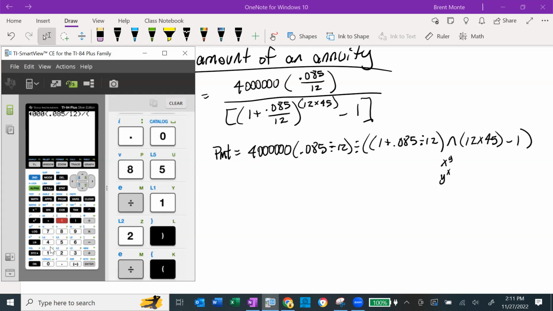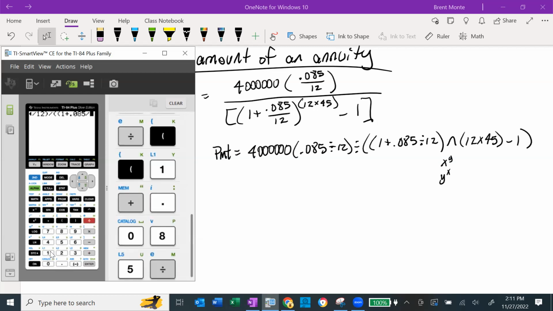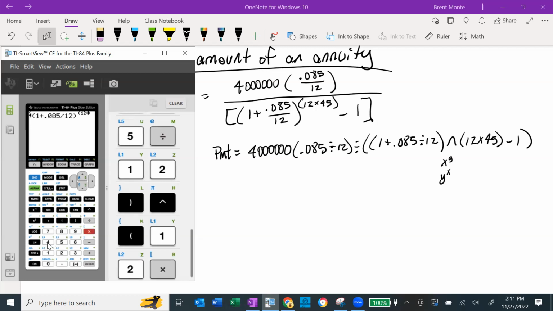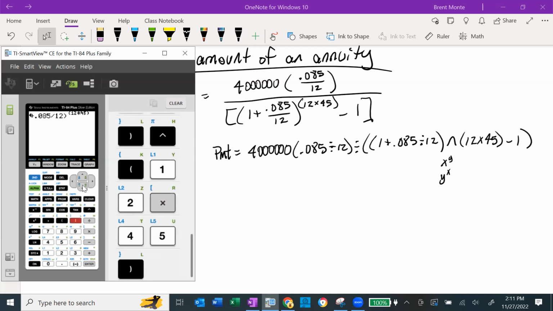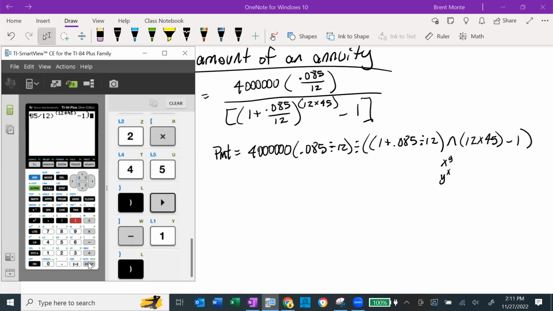And then the stuff, the 1 plus that's inside, another left parenthesis, 1 plus 0.085 divided by 12, close that parentheses, raised to the power. See, mine goes up as an exponent, some don't. Left parenthesis, 12 times 45. Close that parenthesis. Since I'm up as an exponent, I have to arrow out of the exponent. And then -1. Close parenthesis again, equals, there's my payment.